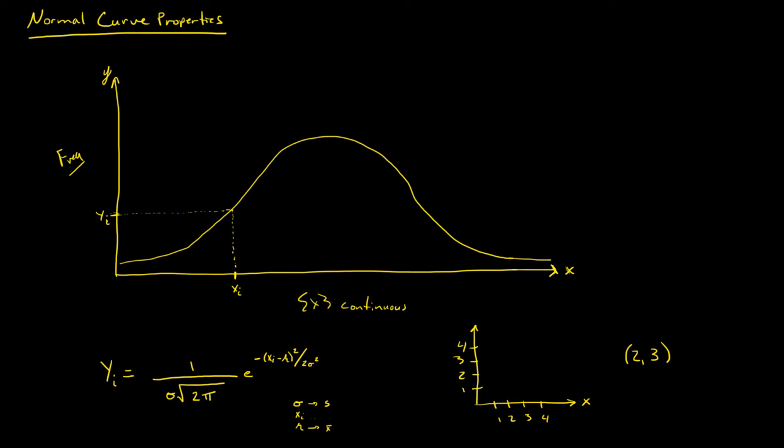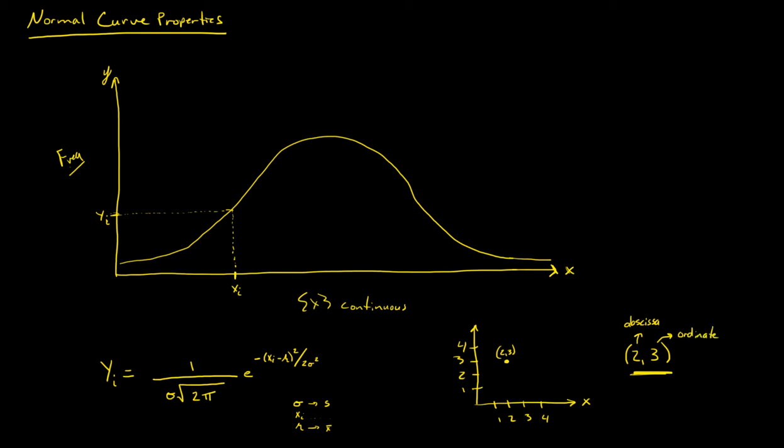So this set of coordinates 2, 3 would be go over 2 on the x, and up 3 would be this point right here, where this first number represents how far over you're going on the x. The x is also called the abscissa, and the y is also called the ordinate.